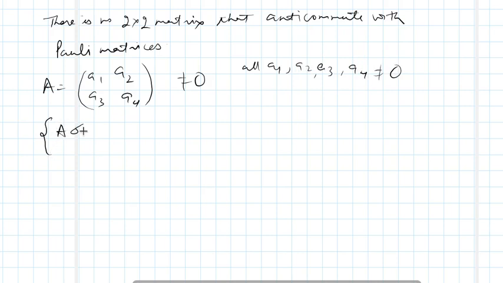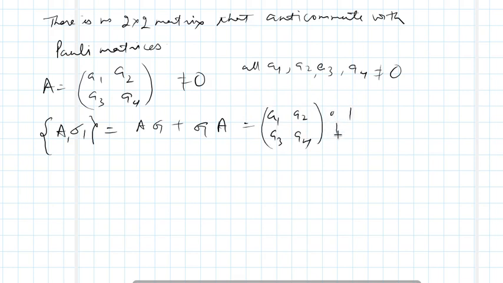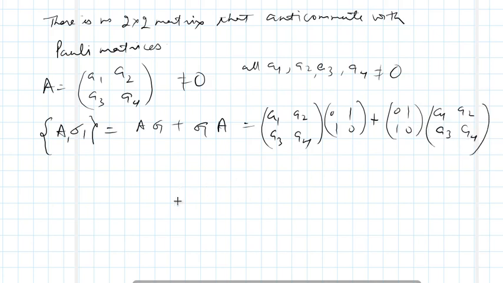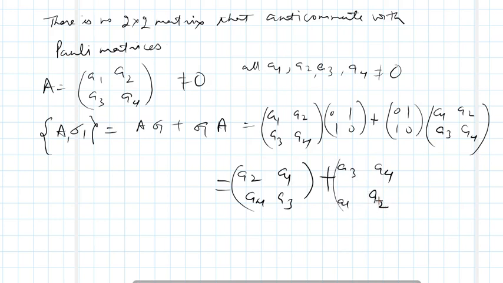Now let me consider the anti-commutator {A, sigma 1}, which is A sigma 1 plus sigma 1 A. If I put in the values A1, A2, A3, A4 and the value of sigma 1 as [[0, 1], [1, 0]], then multiplying the matrices gives [[A2, A1], [A4, A3]] plus [[A3, A4], [A1, A2]].